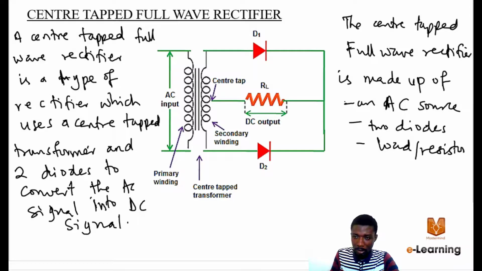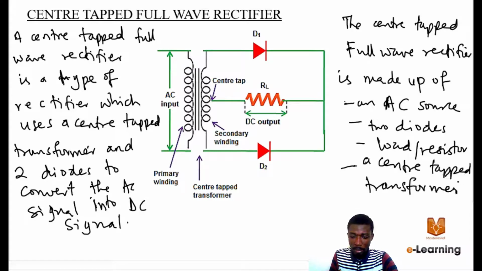I would want you to note the components of each. Remember the components of a half wave rectifier. Now, this is that for a full wave rectifier, specifically a center tap full wave rectifier, then a center tapped transformer. So these are the components of the center tapped full wave rectifier.